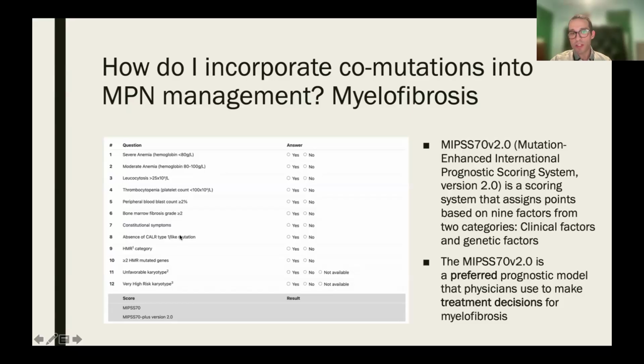So the absence or presence of that type 1 CALR mutation, the presence of one of those high-risk co-mutations, the presence of two or more of those high-risk co-mutations, the presence or absence of chromosome changes that are considered high risk. And that's why it's so important to have that information available because, depending on the answer, yes or no, for these variables, it can really affect what risk category you fall into, and then subsequently how your disease is managed.